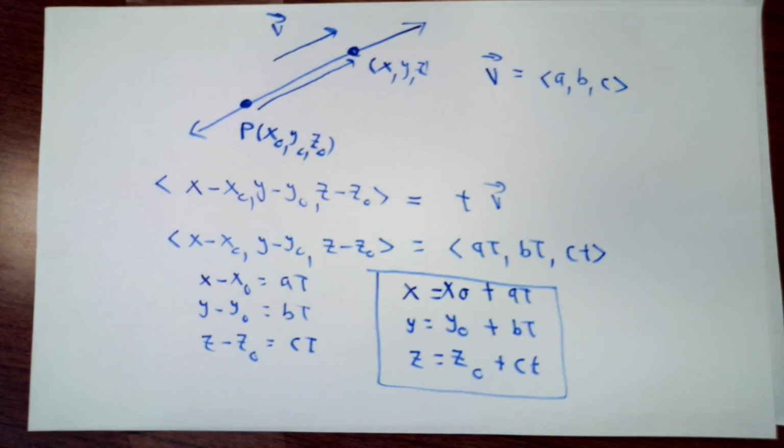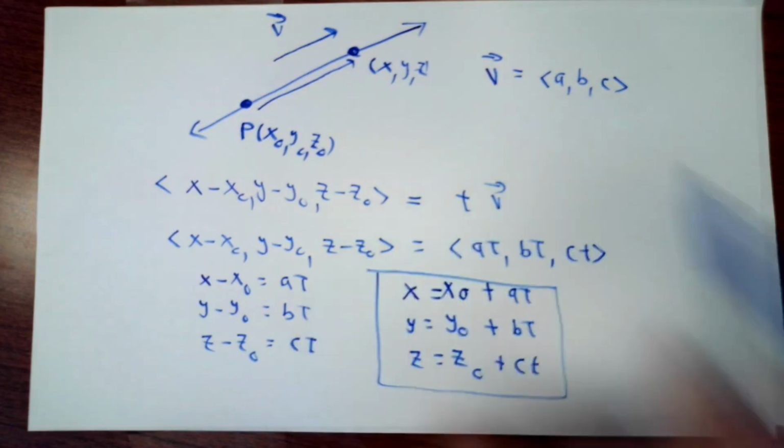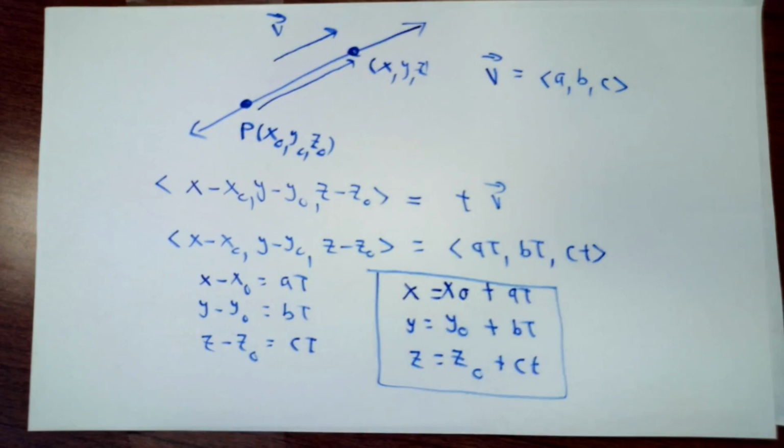If you're given 3 equations that look like this, you immediately know that these constant terms are the x, y, and z coordinates of a point on the line, and that the coefficients of the parameter t, the a, b, and c, are a vector that points along the direction of the line.